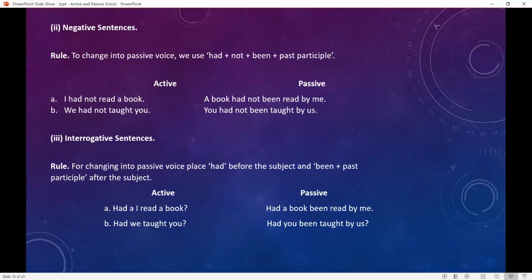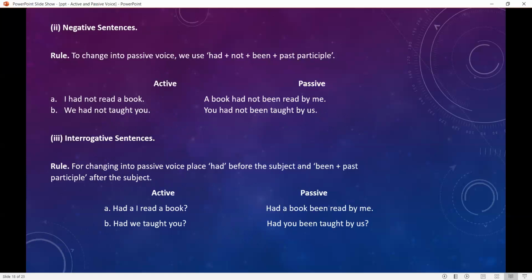Under active, had I read a book? Just ignore A there. Here also in the next sentence, had a book been read by me? Here under active, had we taught you? And under passive, had you been taught by us?